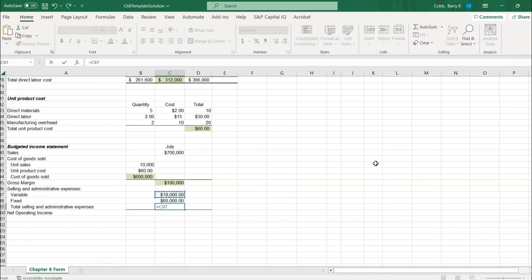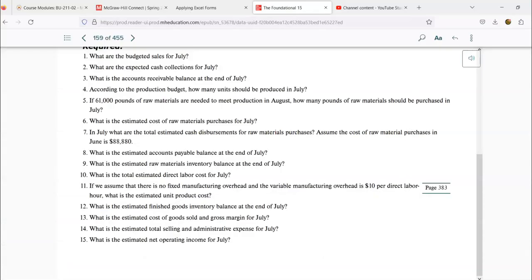So that gives us a total of $78,000, which means that net operating income will be the gross margin minus the total selling and administrative expenses, and that'll be $22,000. So $78,000 is our total selling expenses, question 14, and $22,000 is our estimated net operating income.